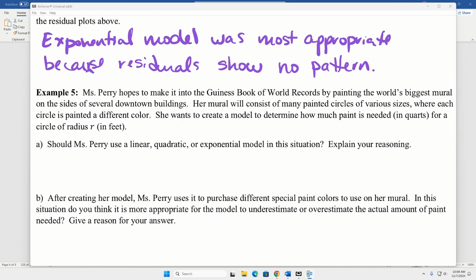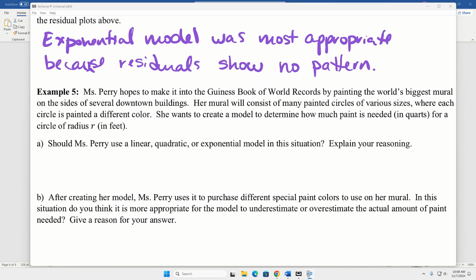All right, and then example 5. This is the other way that we determine appropriateness of a model, looking at the context. And you guys did this yesterday with the M&Ms, and we did it on a lesson previous. But Ms. Perry hopes to make it into the Guinness Book of World Records by painting the world's biggest mural on the sides of several downtown buildings.